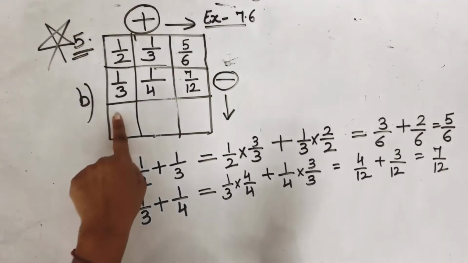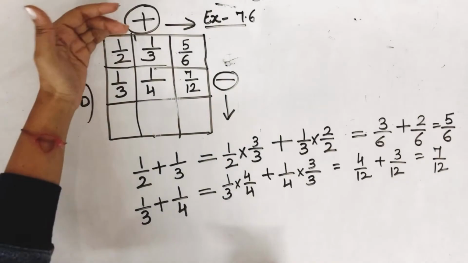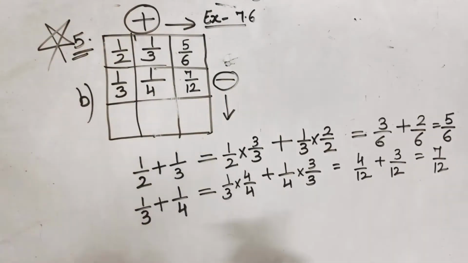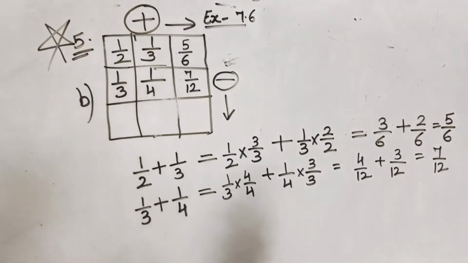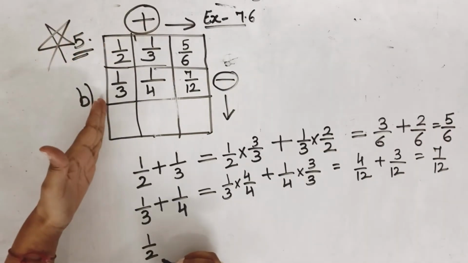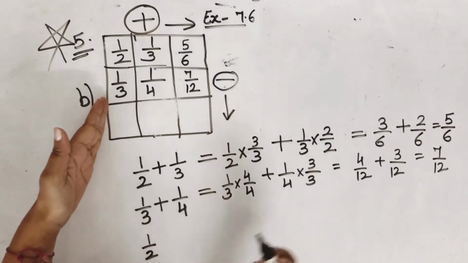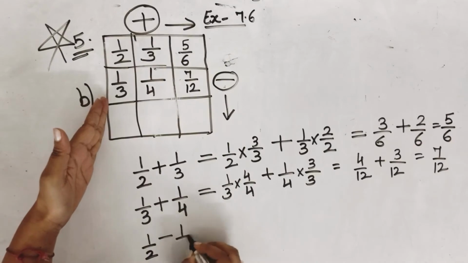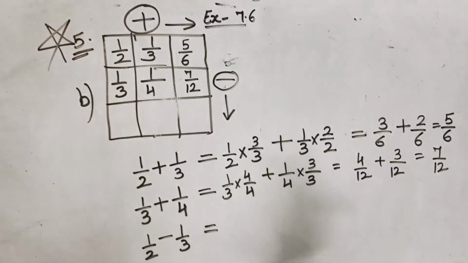You have to fill these 3 boxes now. अब उसके लिए you have to come downwards, है ना? इसके लिए you have to solve these 2 fractions. 1 by 2. अब हम नीचे की तरफ move कर रहे हैं, and if we are moving downwards you have to subtract 1 by 2 minus 1 by 3. अब इन दोनों fractions को क्या करेंगे?